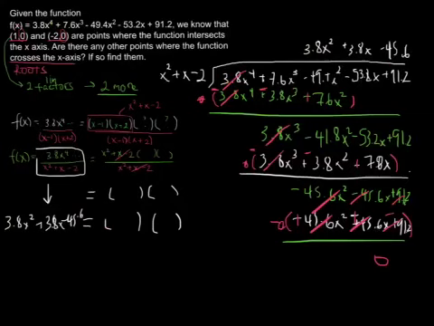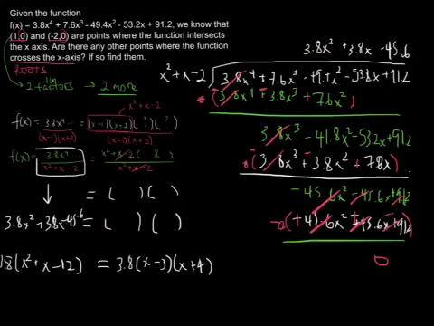I'm going to go ahead and factor. I'm going to notice here that I can factor out a 3.8 from my polynomial, and that's going to give me x squared plus x minus 12, which is exactly equal to 3.8 times x minus 3 times x plus 4. And that's going to be the remaining two factors that I needed.